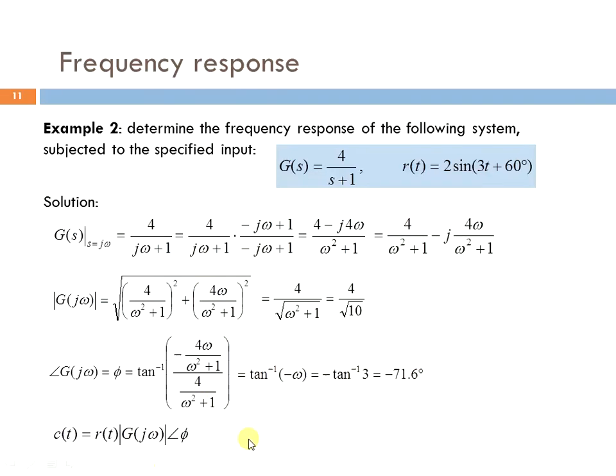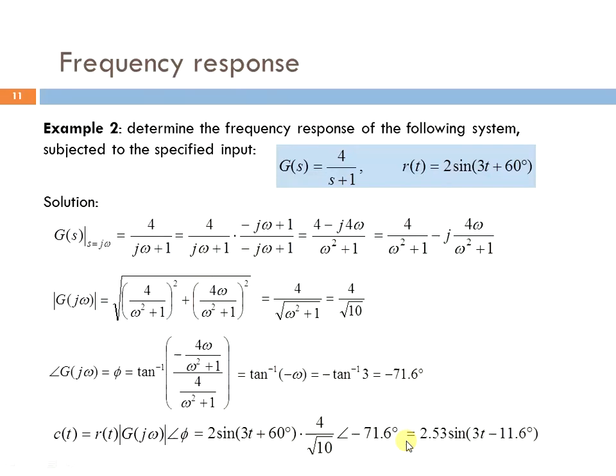Then we can determine the output by finding the product of the input and the frequency response function. So from this product, we can see that the system will cause the input to be amplified by this factor 4 over the square root of 10, and it will cause the output to lag behind the input by 71.6 degrees, because the phase in this case is negative.